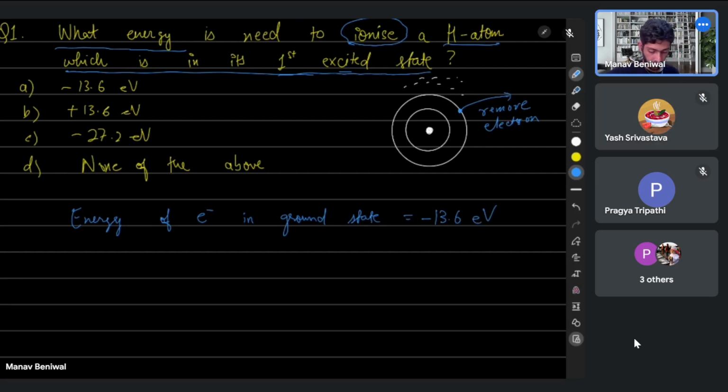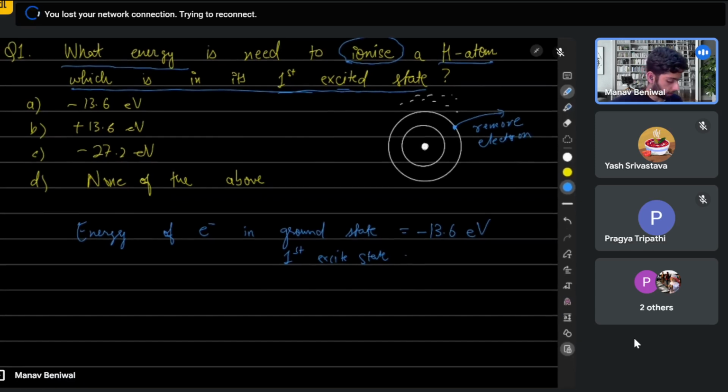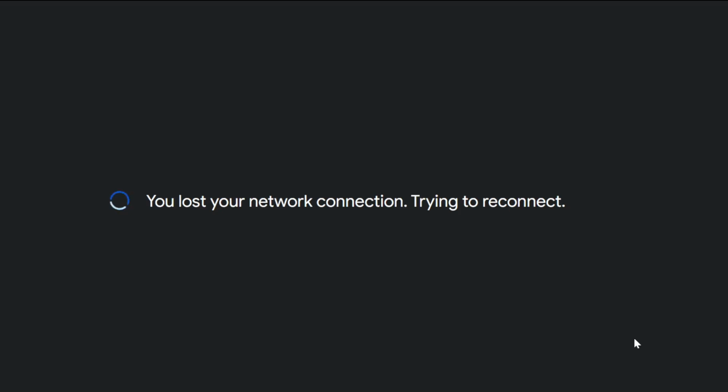And we know when we go to the first excited state, that energy goes as 1 over n squared, right? So this will be minus 13.6 divided by n square. And what will be the value of n here? This is n equals 1, this is n equals 2, correct? So this will be minus 13.6 divided by 4.